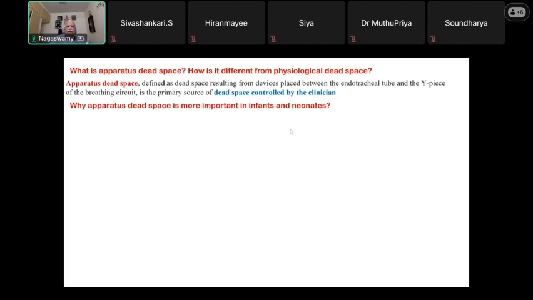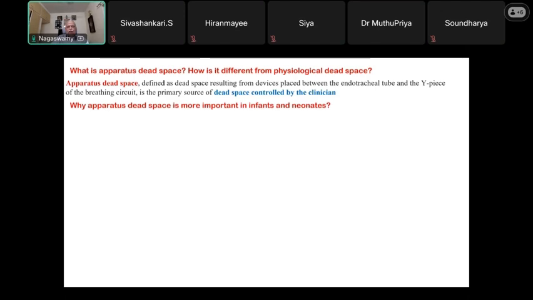So why is apparatus dead space more important in infants and neonates rather than adults? Dead space by definition we have seen is part of the gas that is not taking part in gas exchange. So in infants and neonates, why should you be very careful with the apparatus dead space? Do they have a large tidal volume? No, sir. Their tidal volume is very, very limited.